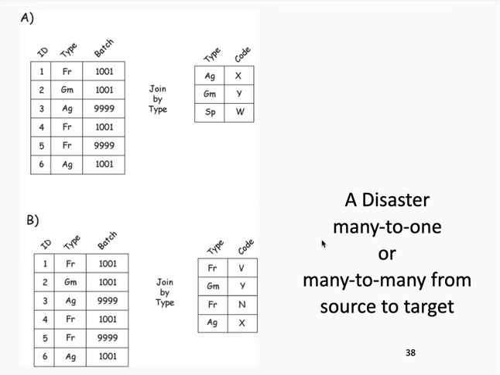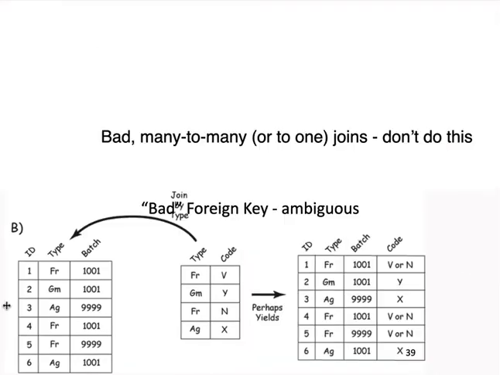The disaster is if this joins in the wrong direction, a many-to-one or many-to-many. And that's because you get ambiguous results, right? So here if we join in the wrong direction from here to here, there are multiple FRs that can match this value. So I don't know which of these FRs to match, right?